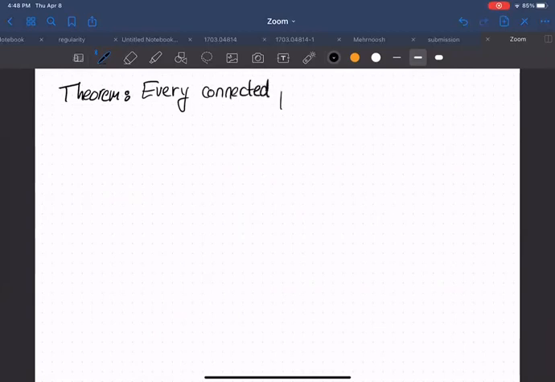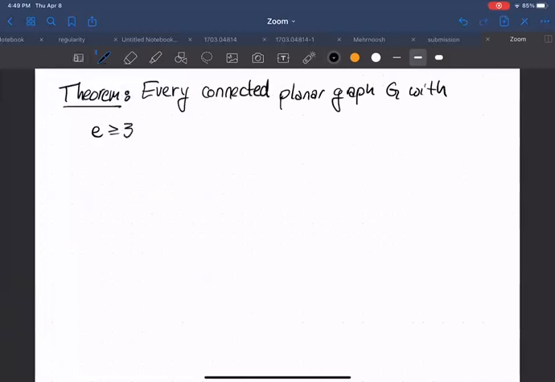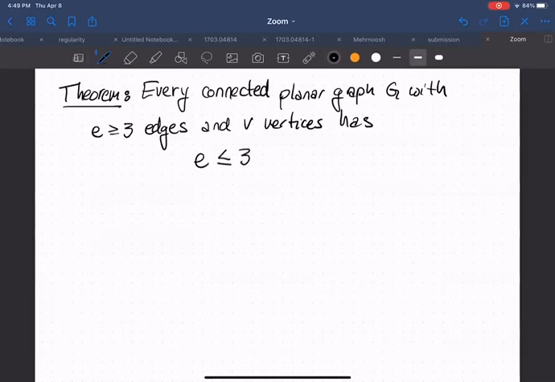Every connected planar graph that has E bigger than or equal to 3 edges and V vertices has number of edges less than or equal to 3 times V minus 6.